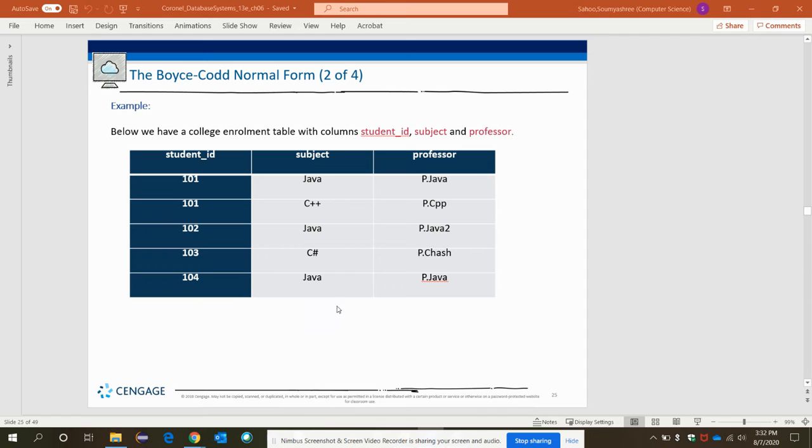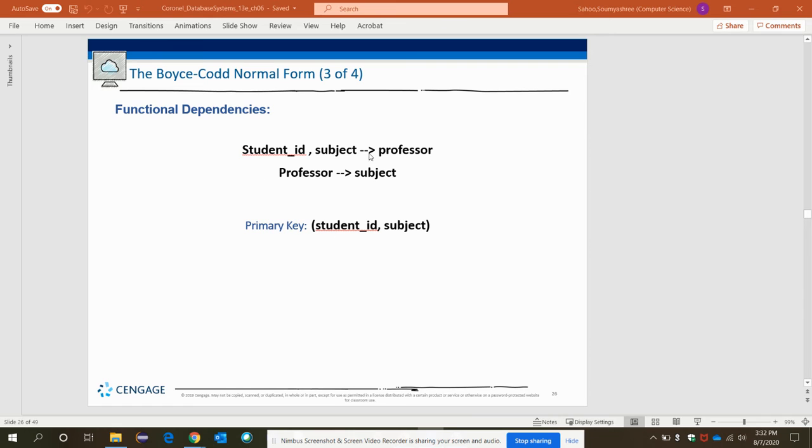Yes, we can say that. Can I say professor determines subject? Can we have another functional dependency, professor to subject? Yes, we can. Each professor individually identifies the subject in all the rows. So from these two functional dependencies, we can say that student ID and subject form the primary key. Got an idea?